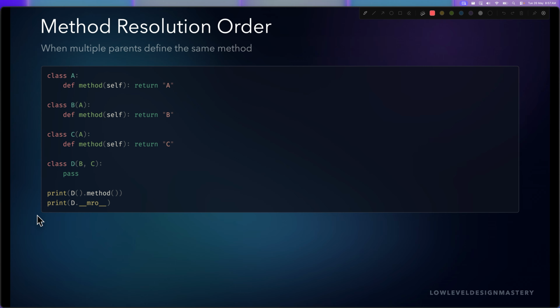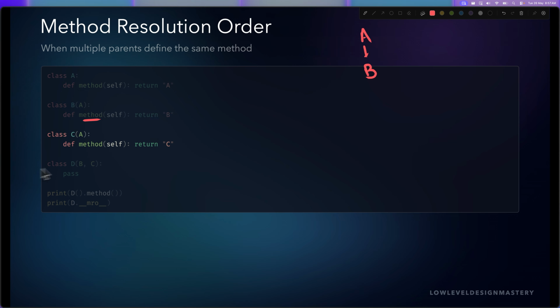Let's say you have a class A that defines a method at the top of a hierarchy, and then class B, which is extending from A, and it also has its own method, overriding A's.